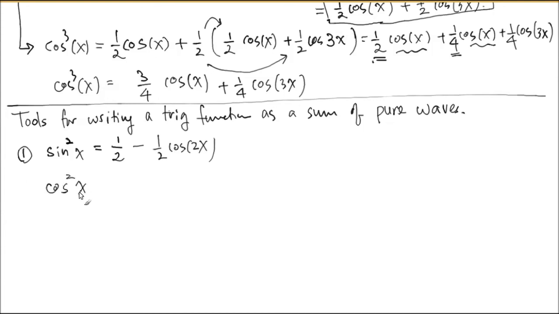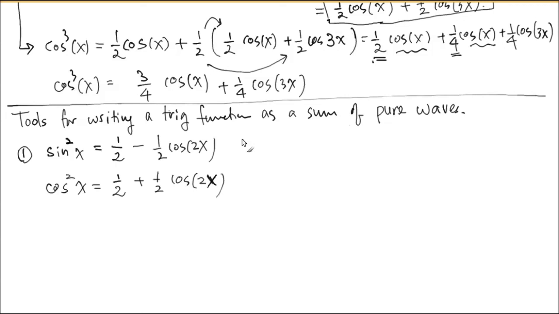Cosine squared x, right? So 1/2 plus 1/2 cosine 2x. It's coming from the double angle formula. That's one tool. If you have a high power, bring it down to the first power, one step at a time. It's called the power lowering formula. That's going to knock down the high power.